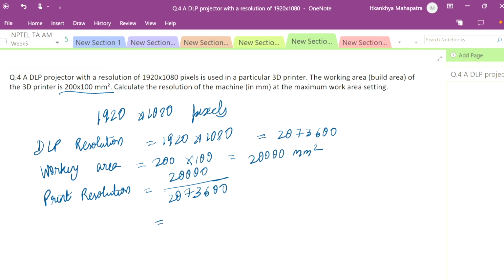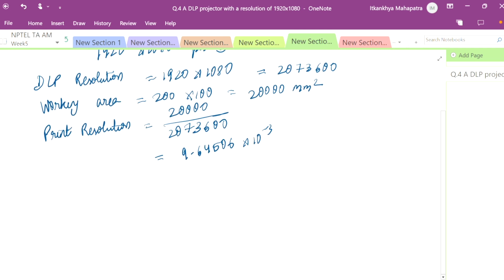This will be approximately 9.64506 into 10 to the power minus 3.